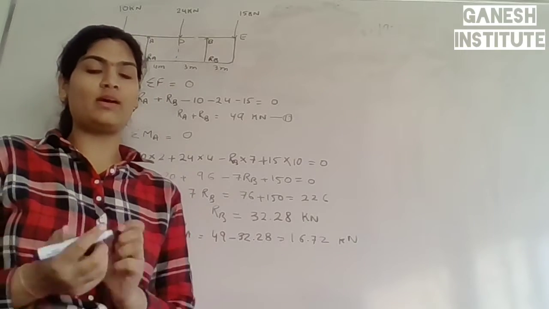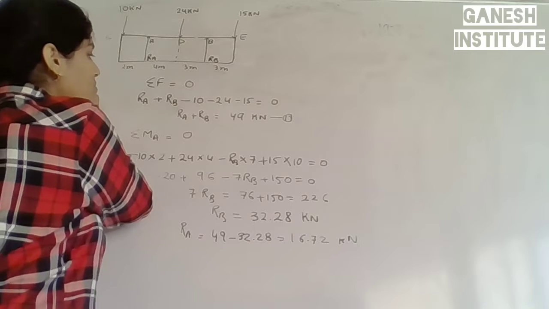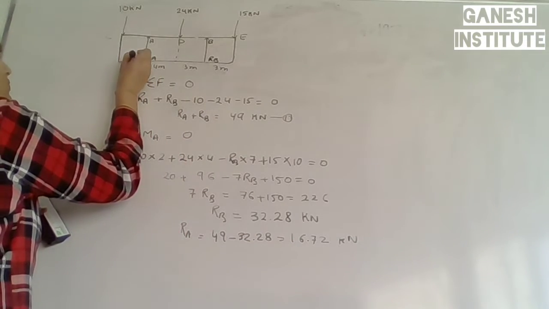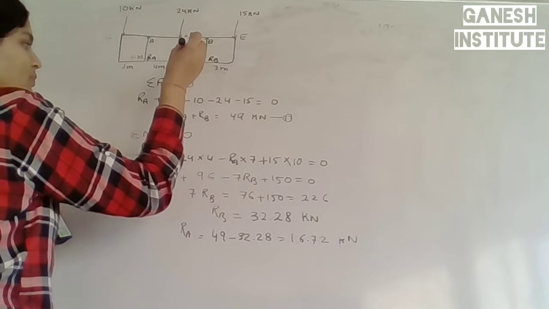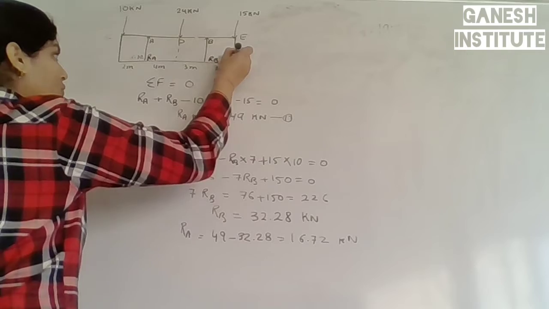Now it's time to find the shearing forces. So let's write here RA is 16.72 and RB is 32.28.